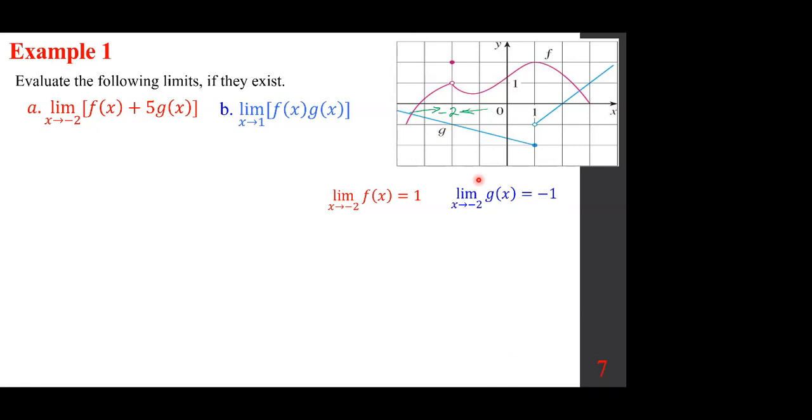So basically, you are going to separate the limits as this piece plus 5 times this piece. So the first piece, you plug it in, so you get 1 plus 5. The second piece, -1. So 1 plus 5 times -1, they add up to -4. Very straightforward. Okay, everybody? Very straightforward.